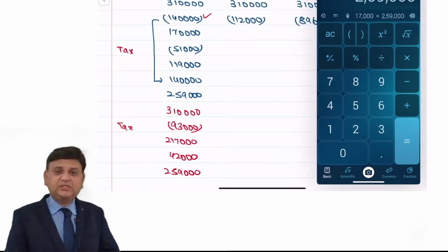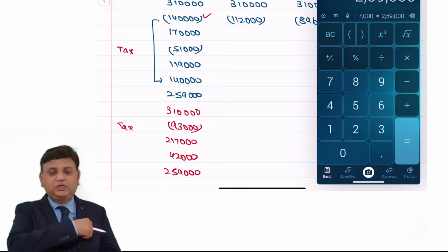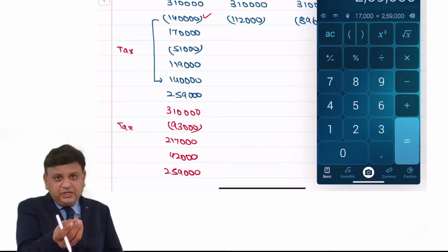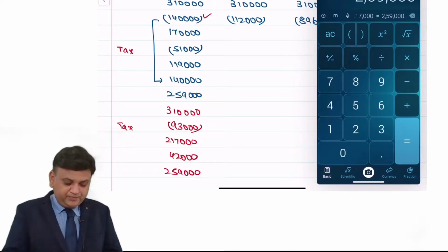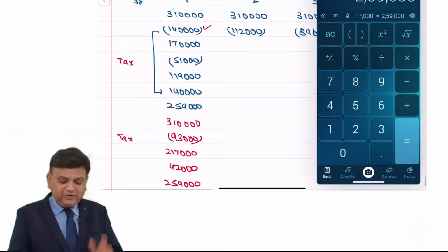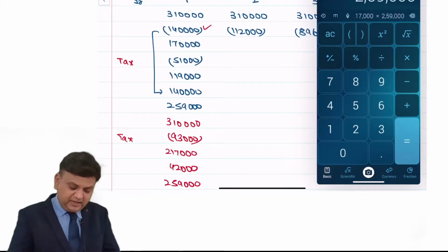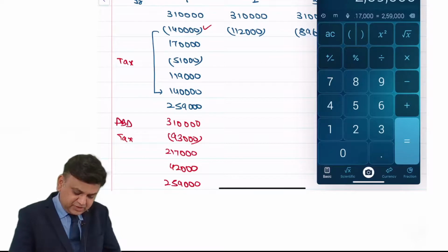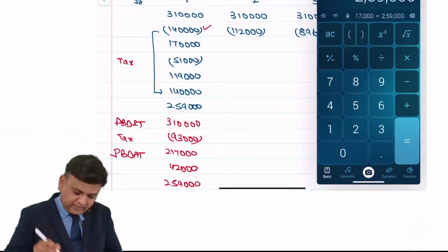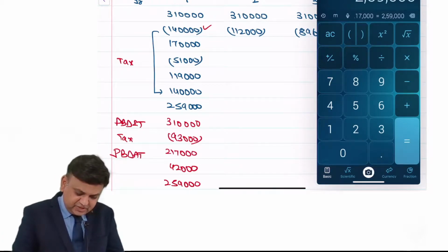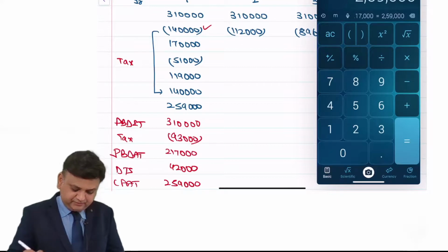Because depreciation is basically a non-cash item, there is no cash outflow, but it is giving the tax saving cash inflow. So directly we can make profit before depreciation and taxation post tax, and then we add depreciation tax saving, that is DTS, and we can compute CFAT.